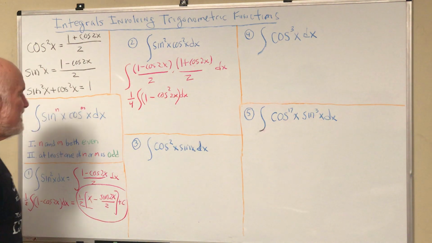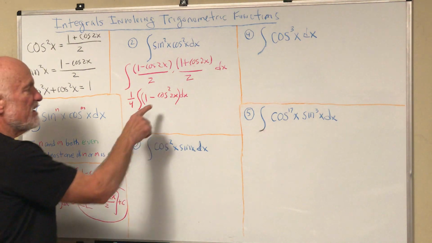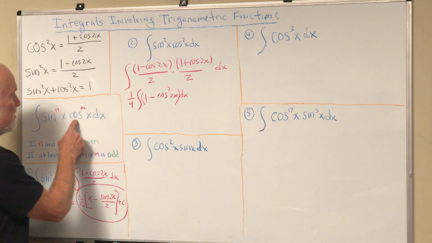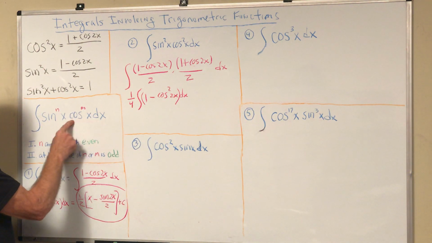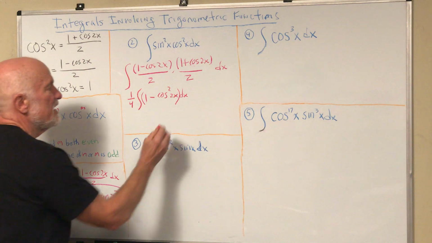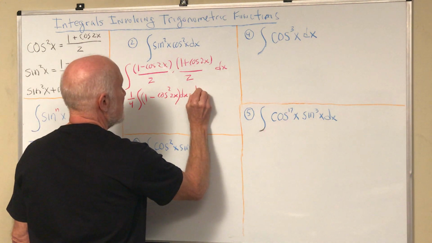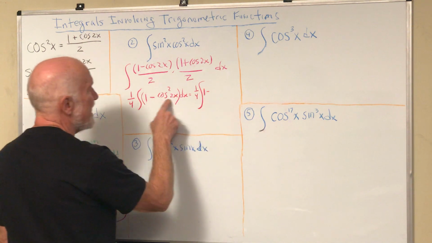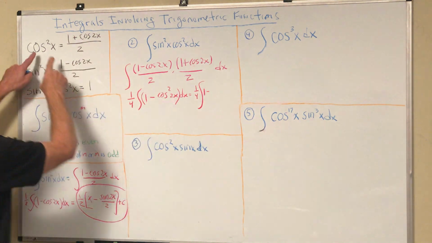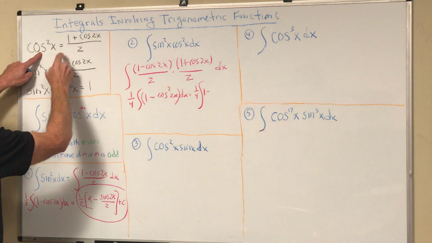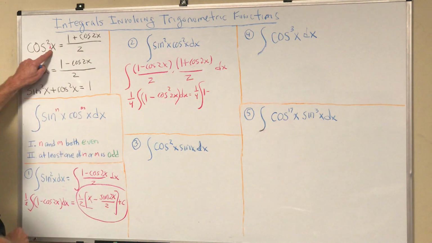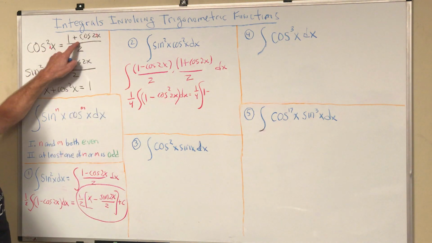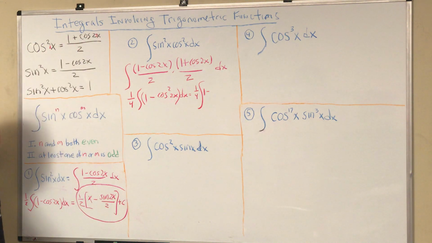Now, it didn't work out quite as nicely as this one because I've got cosine squared. But again, cosine squared just puts us into the same thing where we have to use our identities. So 1 minus, and what am I going to put in place of cosine squared of 2x? I'm going to use this, but I put a 2 there, which means I have to put a 2 there, and it becomes 1 plus the cosine of 4x over 2.